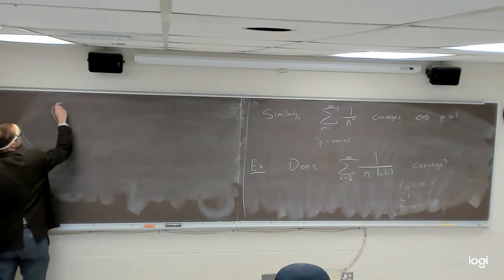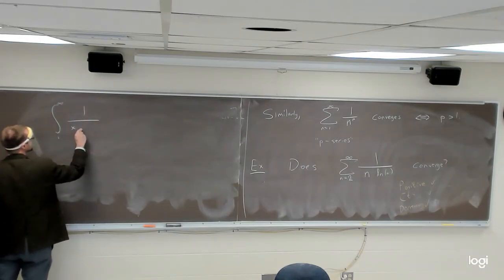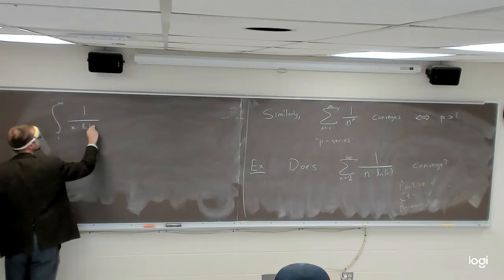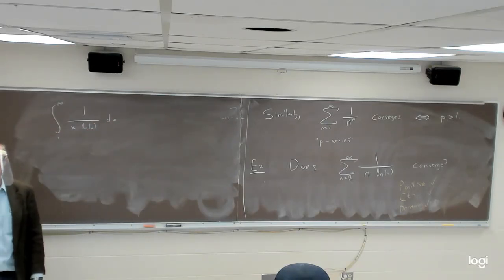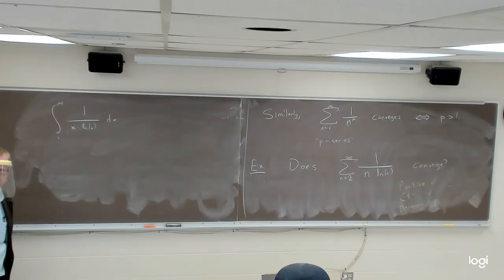So I'm going to turn n into x. And now I have to figure out what to do with this. 1 over x natural log x. It's a little bit more work required than the last one.